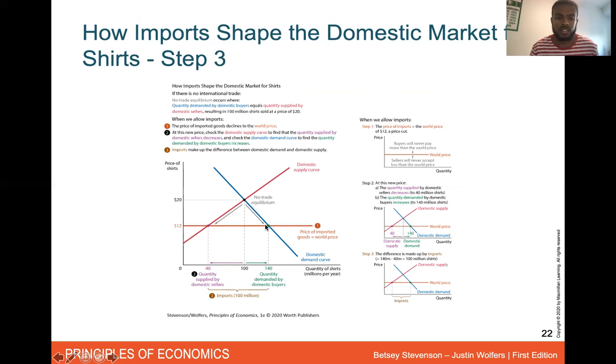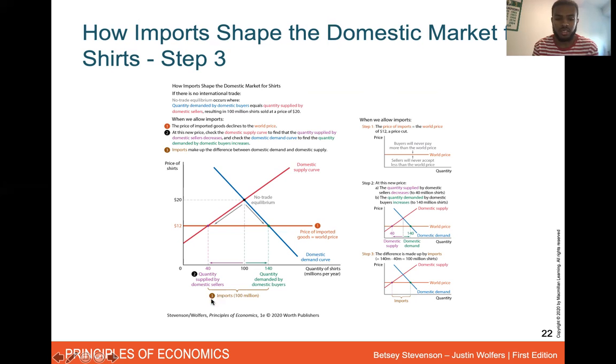And if you go to the next slide, now imports make up the difference between domestic demand and domestic supply. So if you look here, domestic supply is only 40 million because at a lower price, there's going to be less supply. And at a lower price, there's going to be more demand. So now instead of it being at the domestic equilibrium like it was before, you're going to see this big gap between these two intersections at the world price.